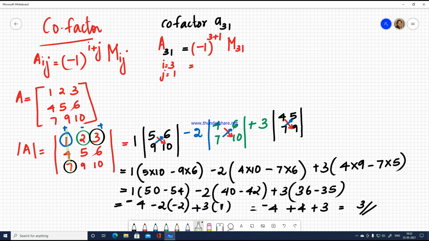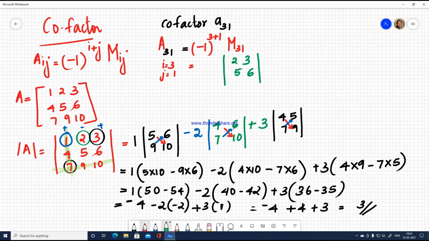We need to cover the row containing 7 and the column containing 7. So we get the determinant of 2, 3, 5, 6.